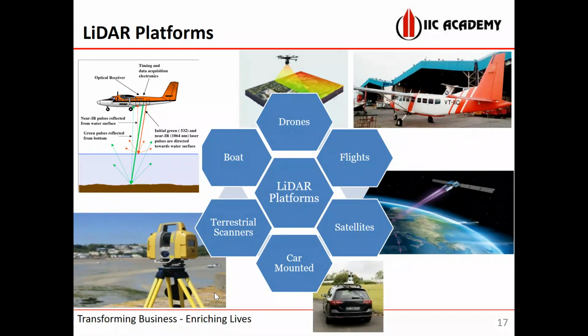Now imagine if you just fix these scanners on a car, we can cover almost 100 kilometers in one day. With the ETS method, we hardly covered around 1000 to 2000 objects a day. Here we can cover 100 kilometers in a day, day and night.